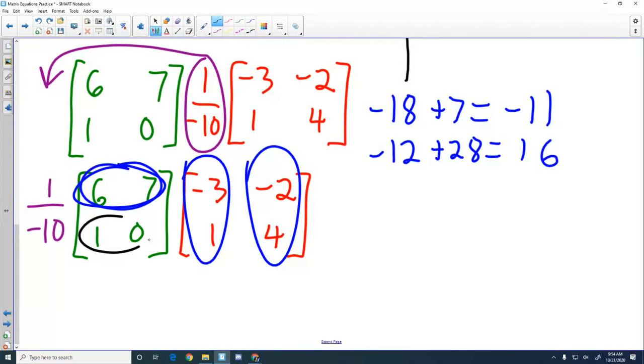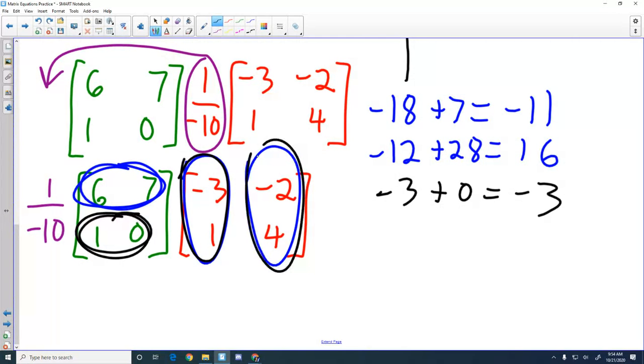Then we'll drop down to the second row and multiply it. 1 times negative 3 is negative 3. 0 times 1 is just 0. It's easy, negative 3. Then when we take row 2 times column 2, we get a negative 2 plus 0, which equals negative 2.